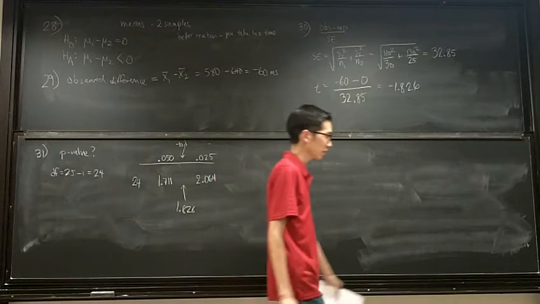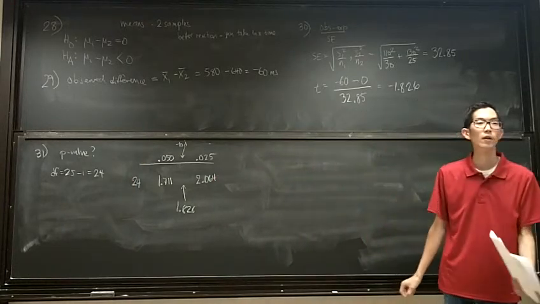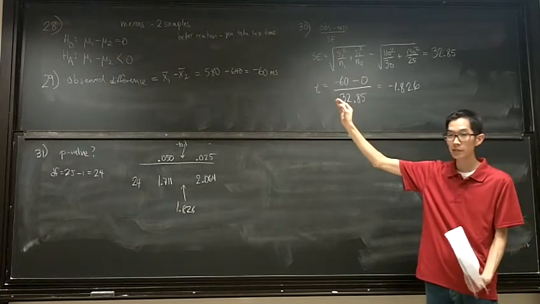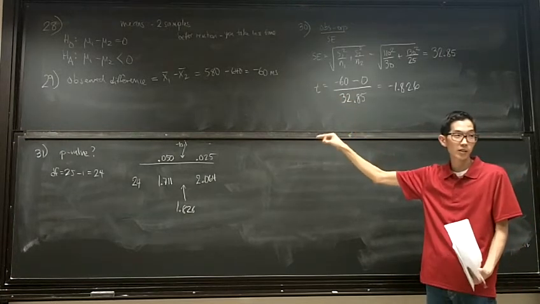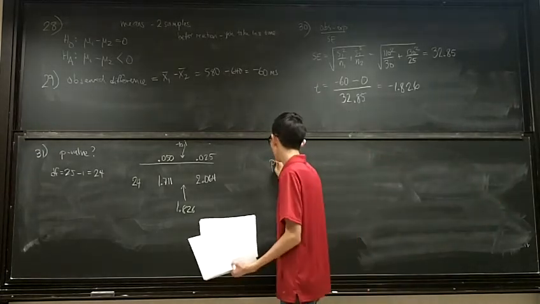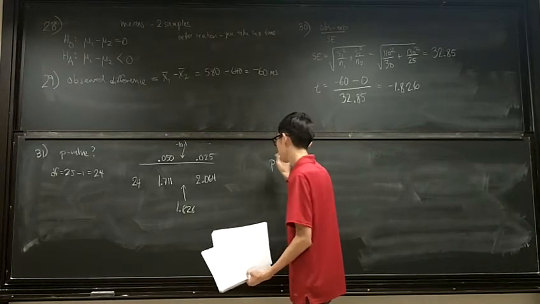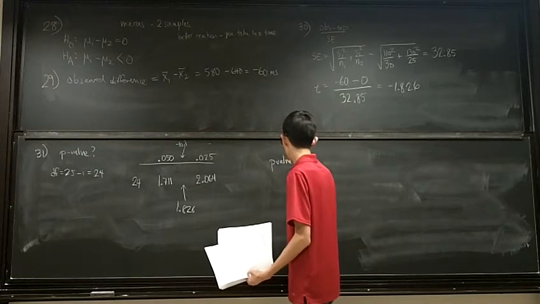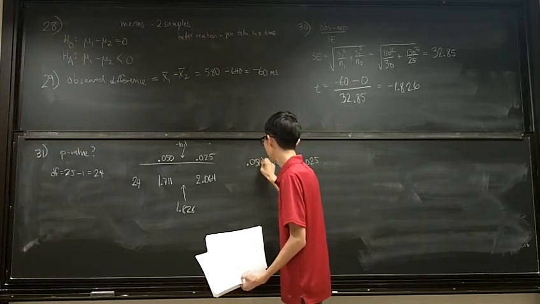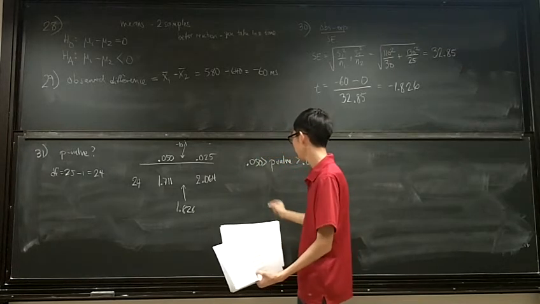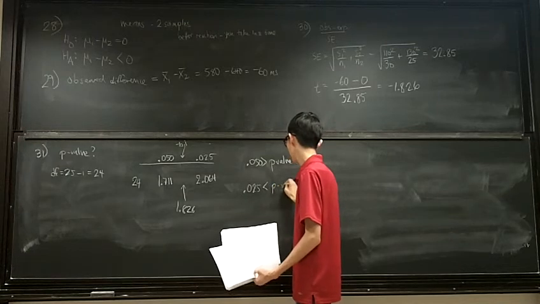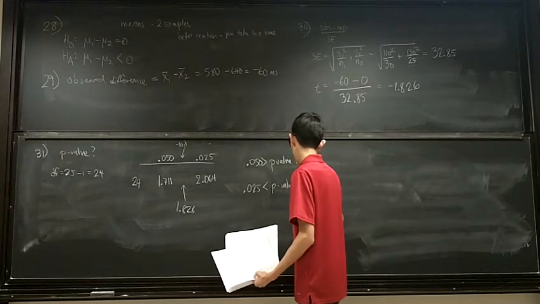Can I use that as my p-value? Yes. I've got a one-tail test, so the area in one tail is my p-value. I don't need to double it. So my p-value is between 0.025 and 0.050. Maybe it'll be written this way: 0.025 is less than the p-value, less than 0.050.